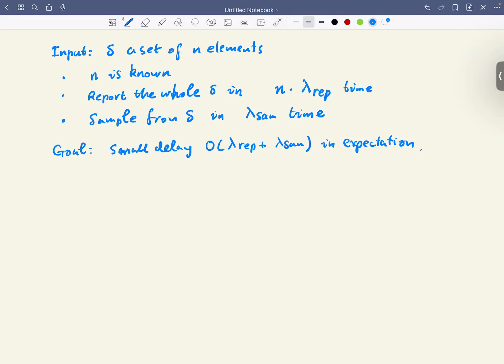For example, if lambda rep is a constant and lambda samp is a constant, then you achieve constant delay in expectation. Now, this is subject to no preprocessing. The preprocessing is for producing the three bullets.